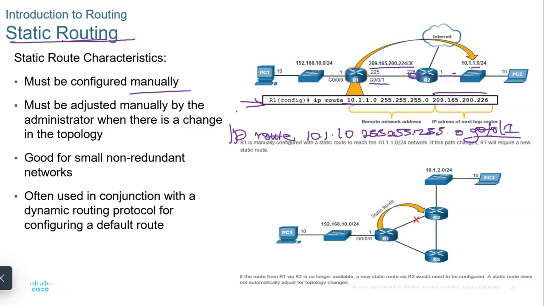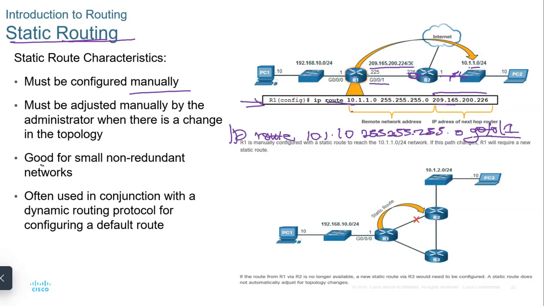Yes, the route is there, but where the route connects, maybe the network is down. Now, if this network is down, our route is not going to help. It will help when this network comes back. So it must be adjusted manually by the administrator. For any change here, it's admin to intervene.